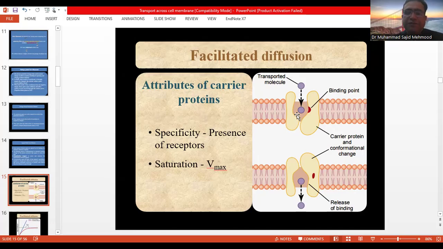While in case of facilitated diffusion, when the molecule which is supposed to be transported binds with the carrier protein, it causes a conformational change, and hence the molecule is transported from the higher concentration to the lower concentration. There is specificity in facilitated diffusion in case of carrier proteins, because there is a specific binding point in the carrier protein.